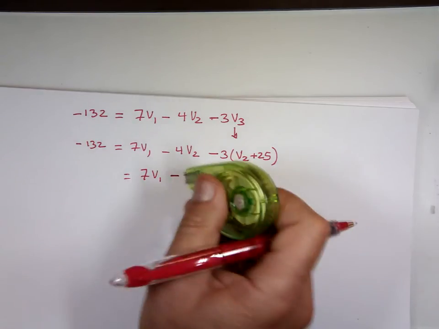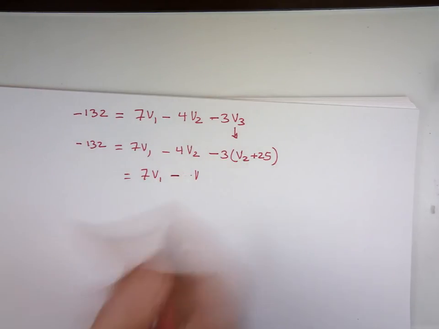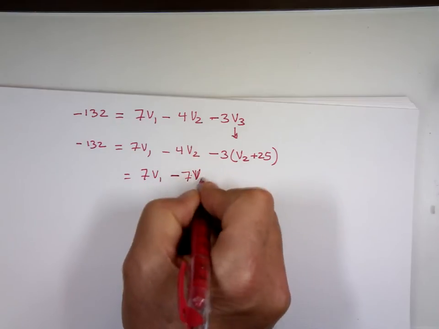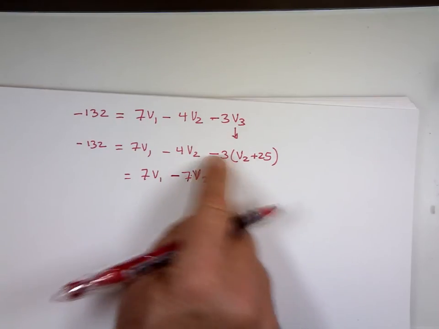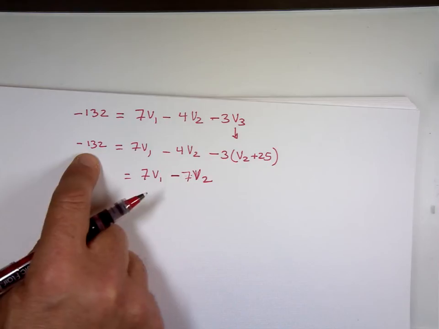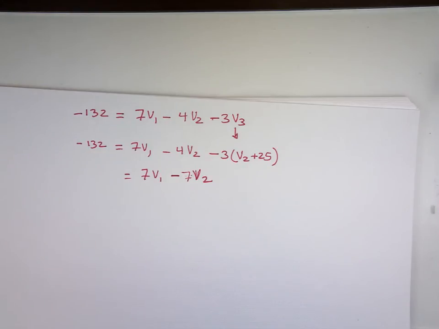Is that 7? When you collect like terms, and this is negative 75. Bring it to the other side, it becomes a plus. 75 minus 132, negative 57.